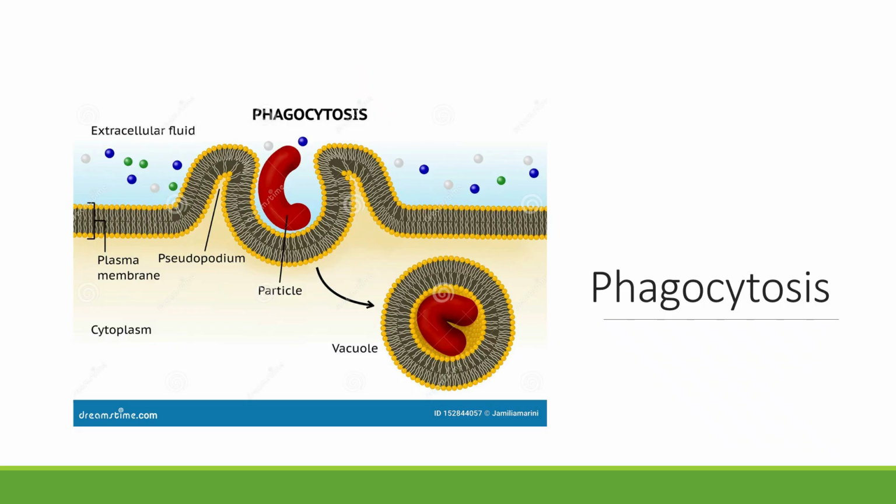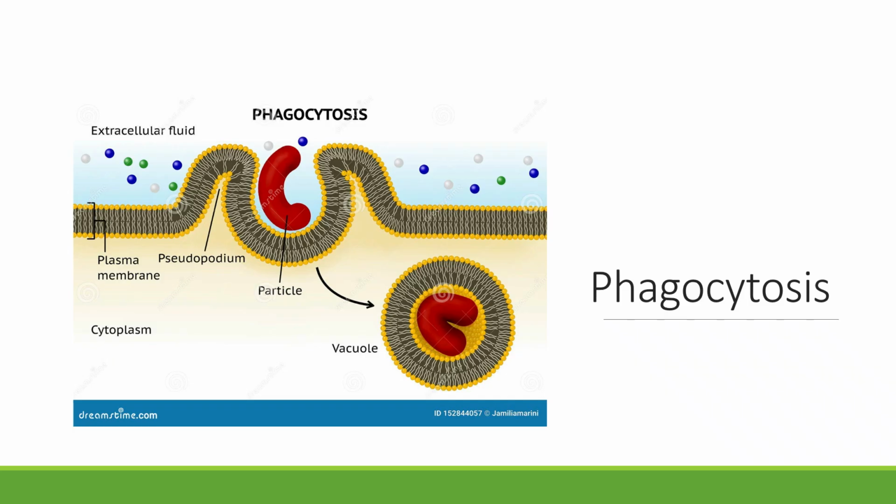So in phagocytosis, this is how it works. Basically, you see your cell membrane. All right, you see the outside world that's blue. There's the inside of the cell, and there's the hot tamale that the cell decides that it needs. All right, and so what it's going to do is it's going to push its cytoplasm from the inside of the cell up against the inside of the membrane, and it's going to force these arm-like structures to come out and surround that hot tamale.